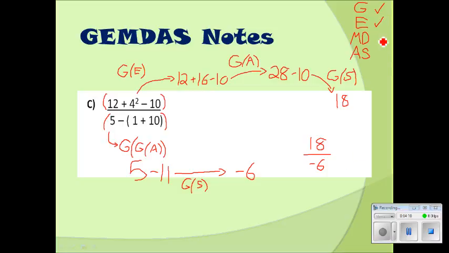So there are no more exponents, but I still need to finish my multiplication and division from left to right. Final step, divide. 18 divided by negative 6, different signs. That's a negative answer. And 18 divided by 6 is 3. So your final answer, using order of operations, is a negative 3.